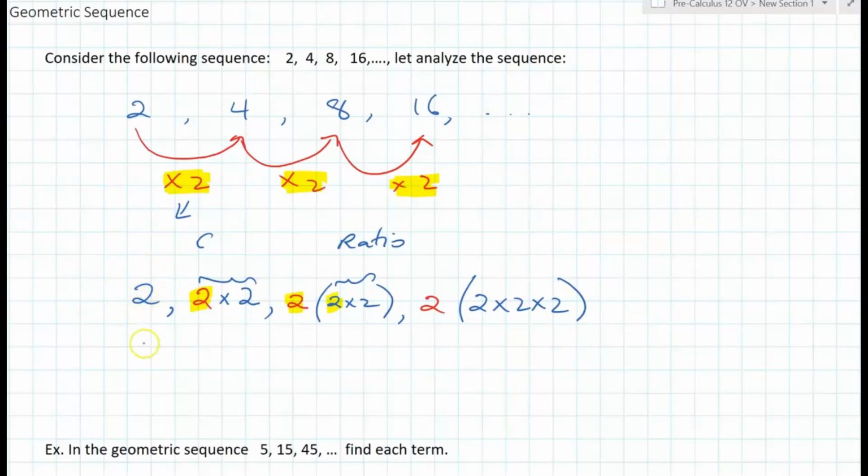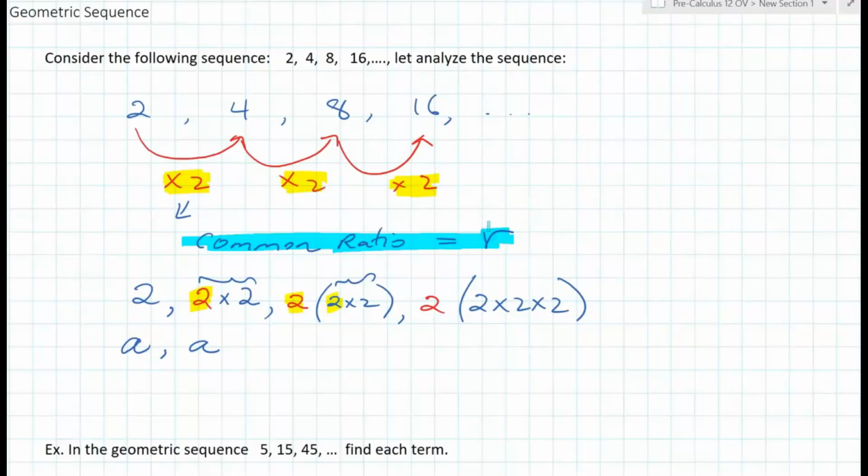So if I start with a as my first term, to get the second term, I have to multiply the first term by the common ratio. Let's name this common ratio r. Okay, so r is the common ratio.